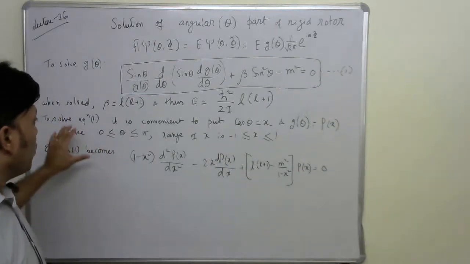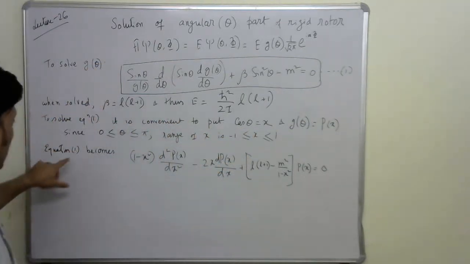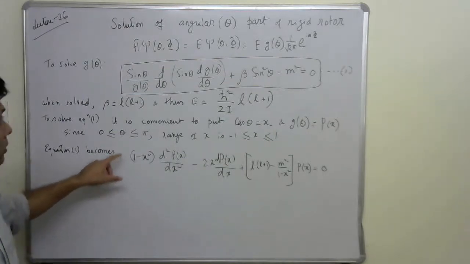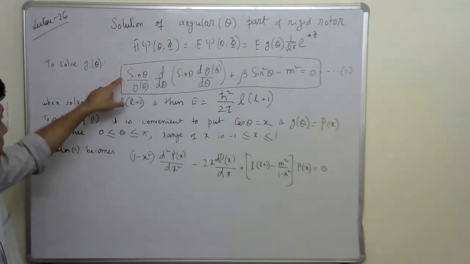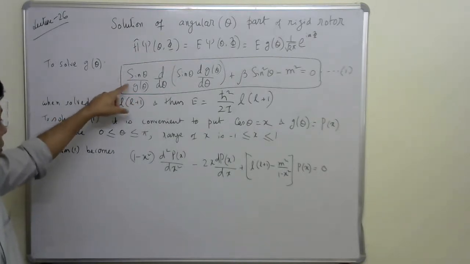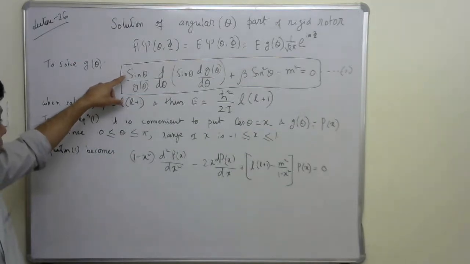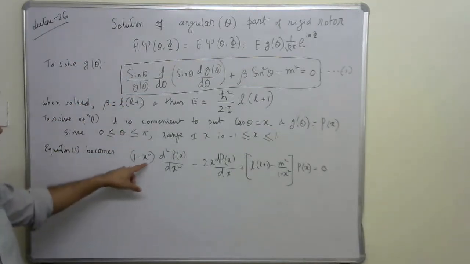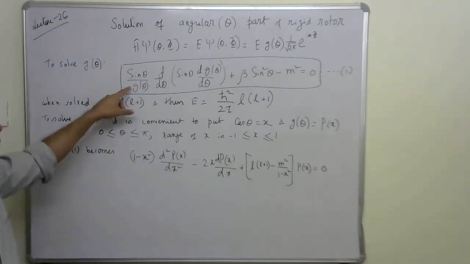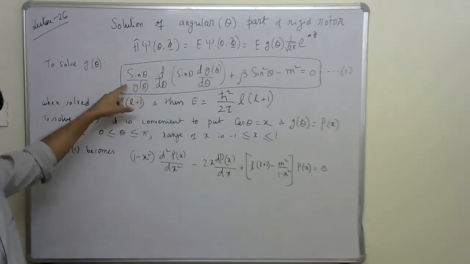When we put cos theta equal to x in this equation, it takes up such a form. First we have the sine theta part, which actually becomes 1 over 1 minus x squared, since 1 minus cos squared theta is sine squared theta.